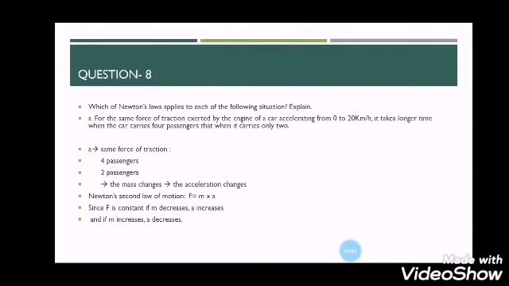Here I have the same force of traction, 4 passengers in one case and 2 passengers in the other, so the mass is changing and I have different accelerations. Newton's second law of motion states that F equals m times a. Since F is constant, if m decreases, a should increase, and if m increases, a should decrease.